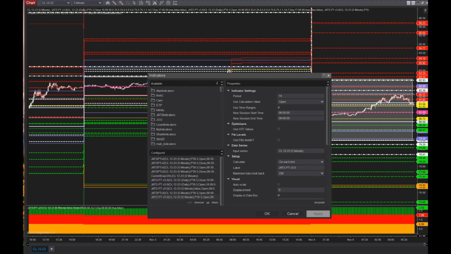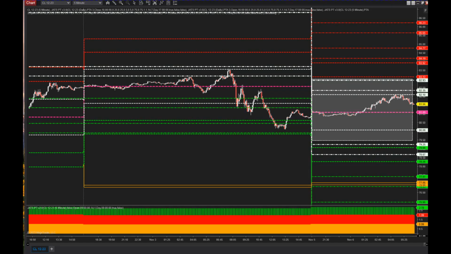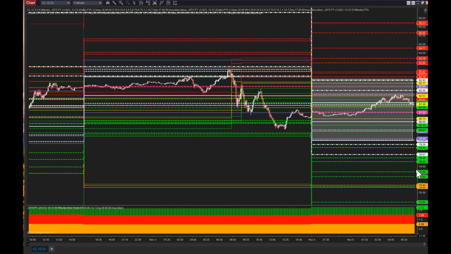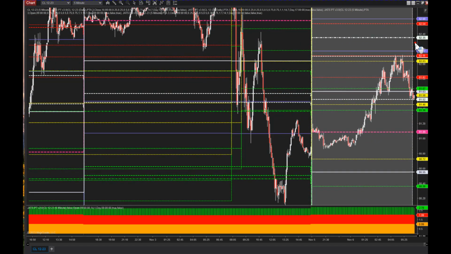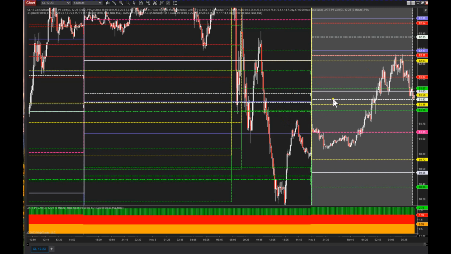So I want to add one for the close. Okay, so I added another 1 hour IB calculation to the chart. And you can see here we're sitting on that support, 81.46. 81.52 is the daily one.